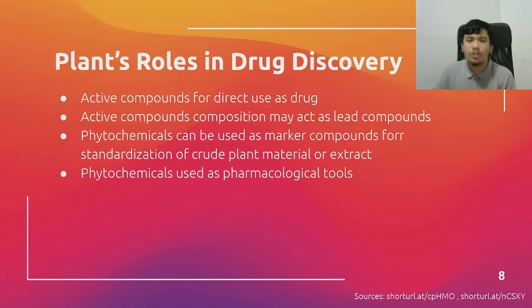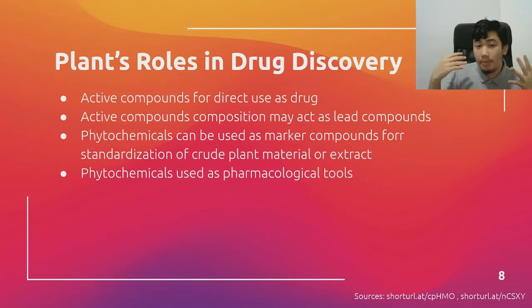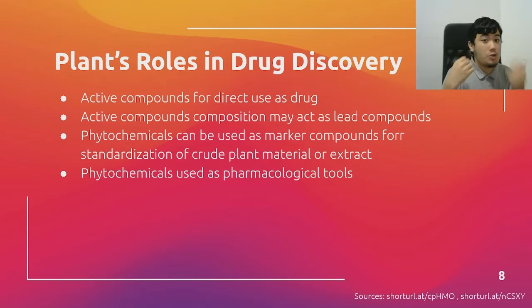Lead compounds are compounds that have the ability to cause an effect, the ability to become a drug, but at their current stage, they have to be modified for them to work. Basically, it means that it has the potential to become a drug, but right now it can't. And so active compounds from plants can be the foundation of future drugs. It can be the composition, but again, it has to be modified first.